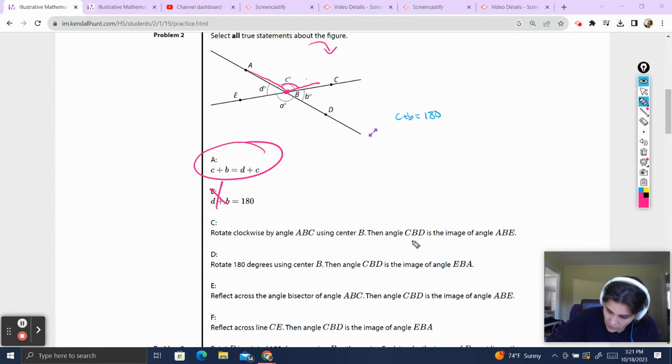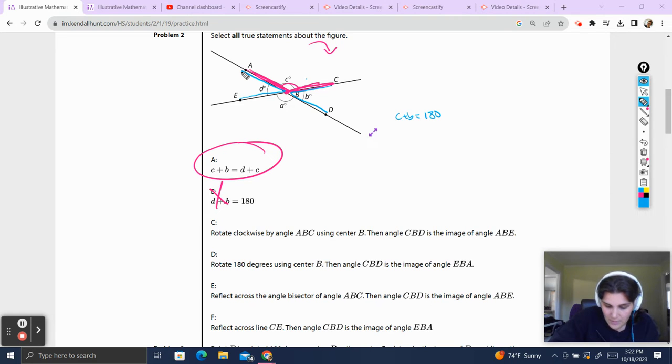Is angle CBD the image of angle ABE? So we're going to rotate this angle, CBD. We've got to identify everything. So is CBD the image of angle EBA if we rotate by that angle?